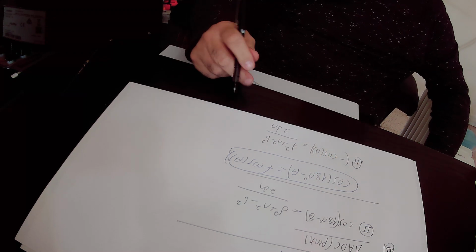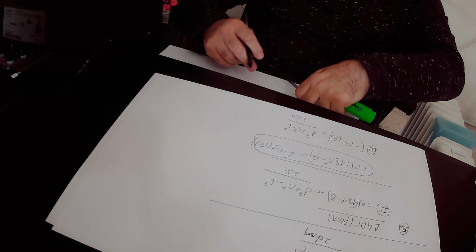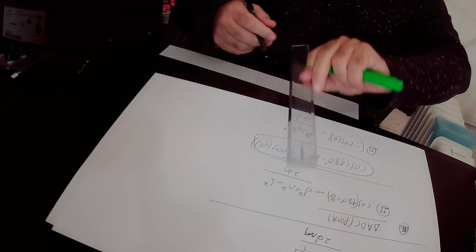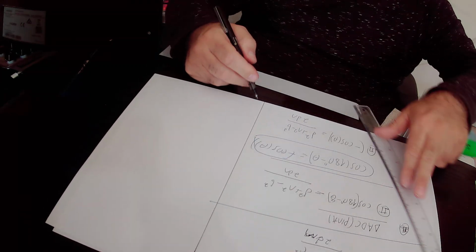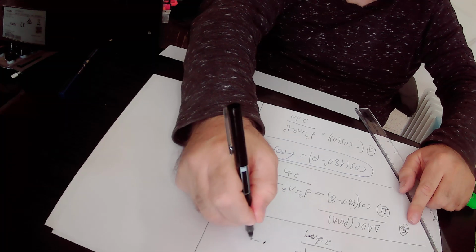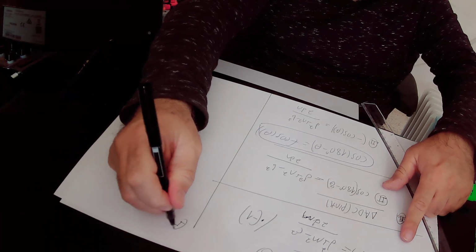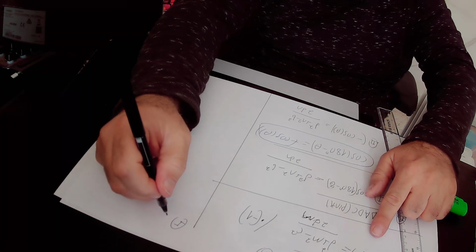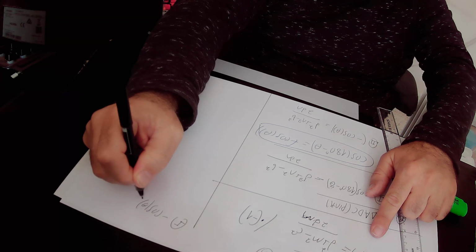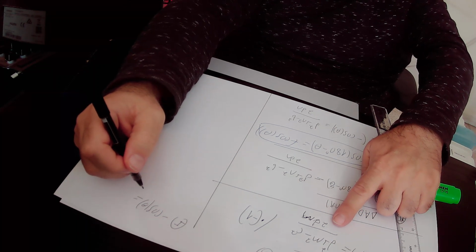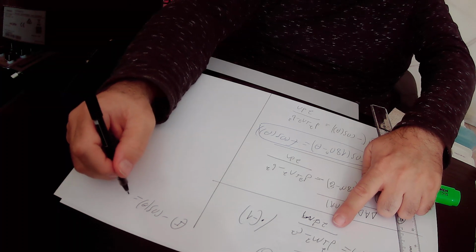In the next step, we will multiply equation number 1 by minus 1. According to equation number 1, cosine theta times minus 1 is minus cosine theta, and we'll multiply also this side by minus 1, so it is minus.